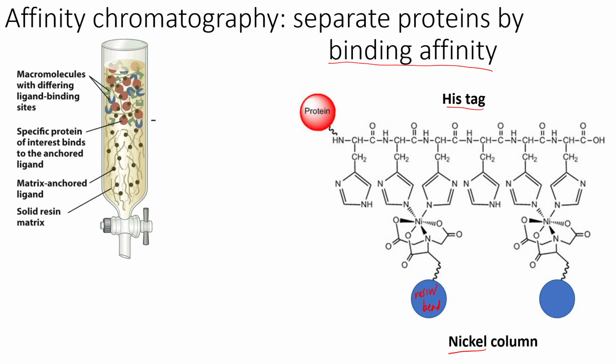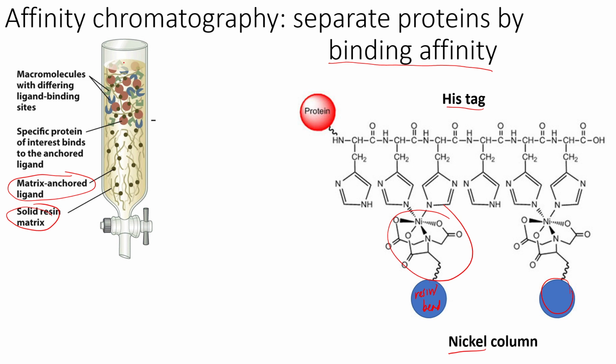So again, here's an illustration of sort of how this works. So we have our column here. Our column has this solid resin matrix, which is this blue part that we have illustrated here. And then attached to it, we have our matrix anchored ligand, and that would be our nickel ion that's bound covalently to this part of our resin.